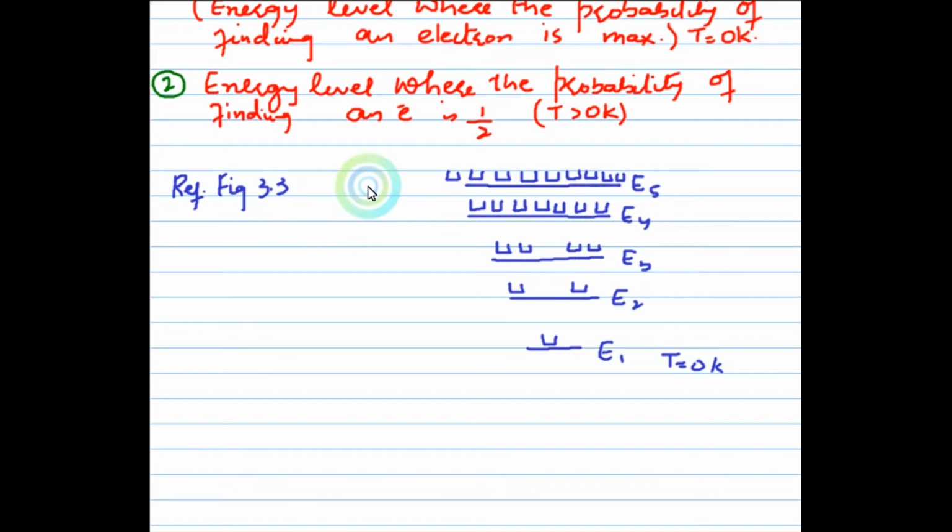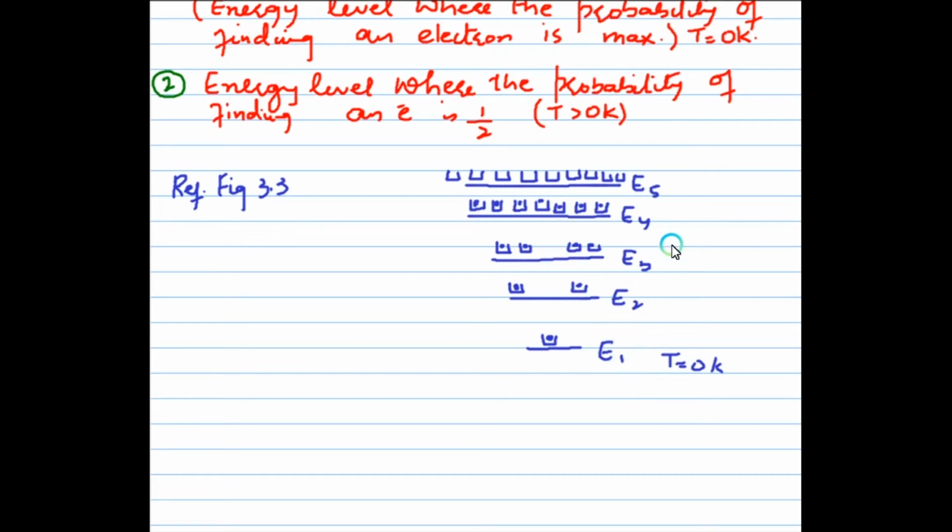Now it's simply like, at temperature T equals to 0, the electrons are in their lowest possible energy states. These dots are the quantum states which are being occupied by the electrons. The electrons are in the lowest possible energy state.